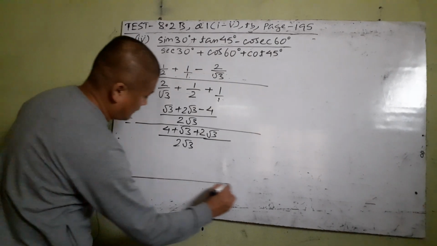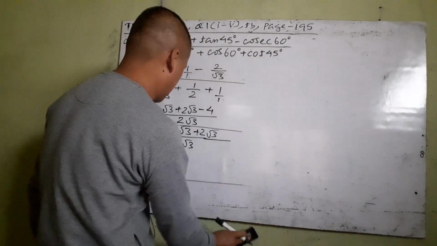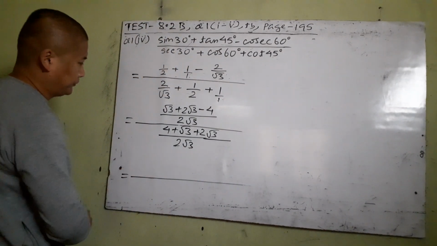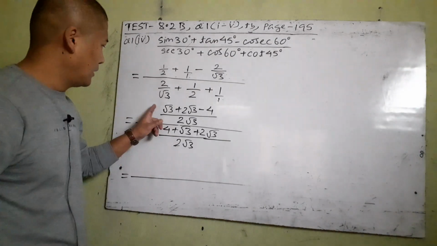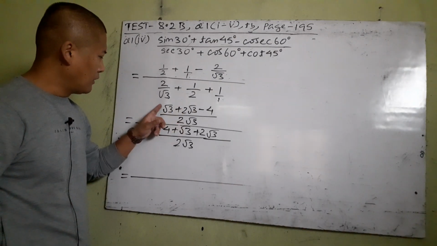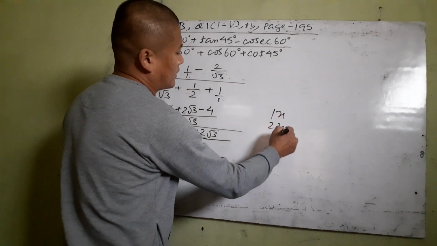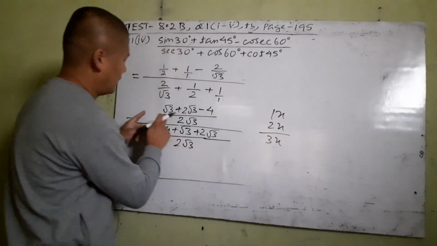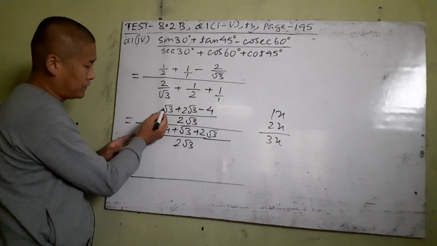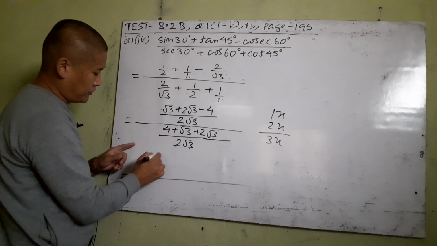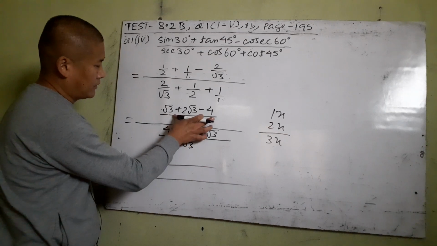Now next here, again, longer line. Make sure it's the main big line. Then next here, no number in front means 1. So 1 root 3 plus 2 root 3 is like 1 mango plus 2 mangoes. Just like 1x plus 2x, I mean to say, so 3x. 1x plus 2x, 3x. So you can draw a similar analogy, and 1 root 3 plus 2 root 3 is 3 root 3, with a long line here, this one.